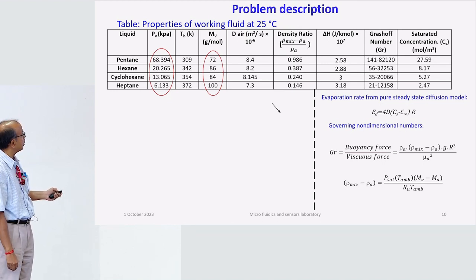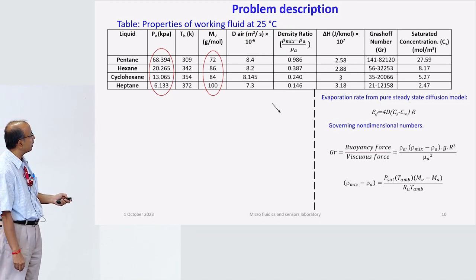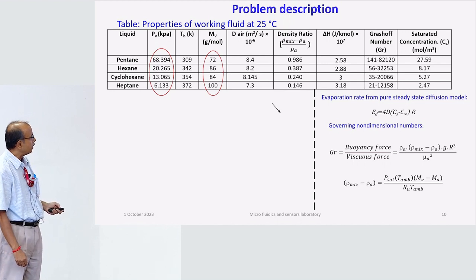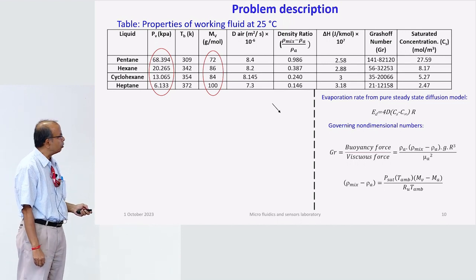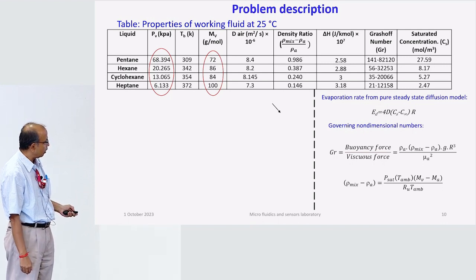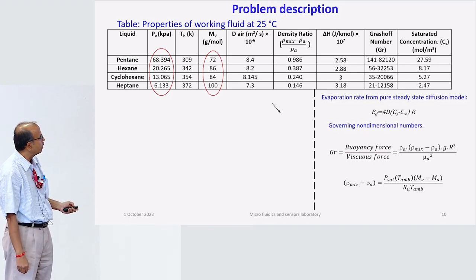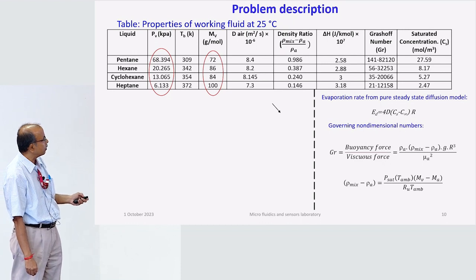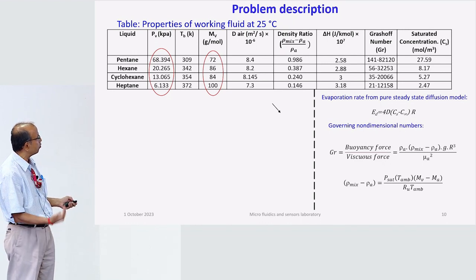They are vapor pressure, molecular weight, diffusivity, and density ratio. As I am looking into the evaporation process, this one calculates the Grashof number.